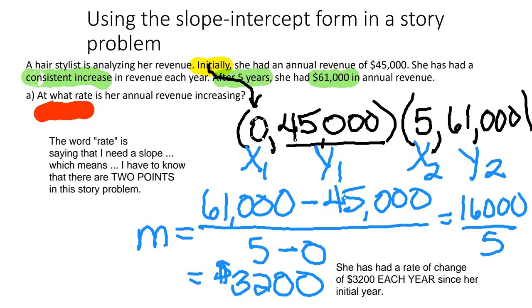Each year she's going up $3,200. It's a positive slope.